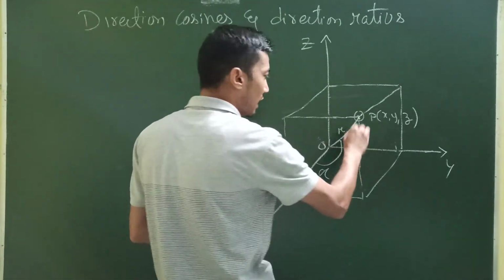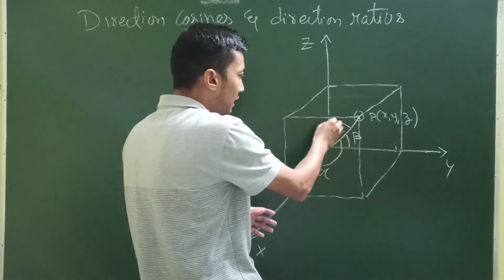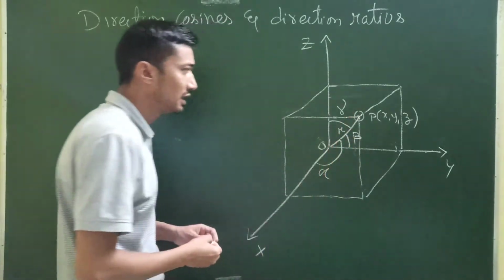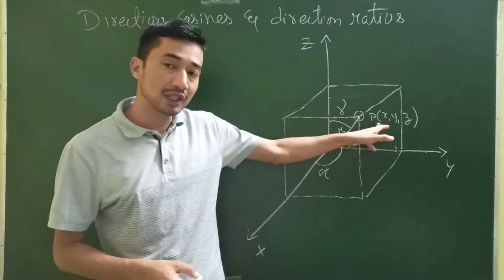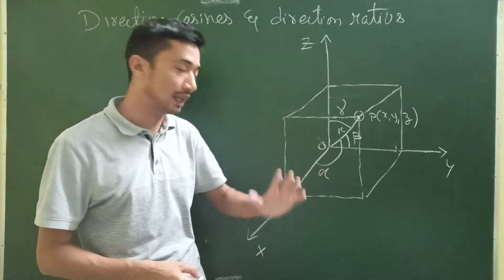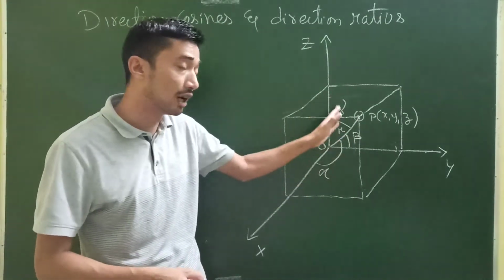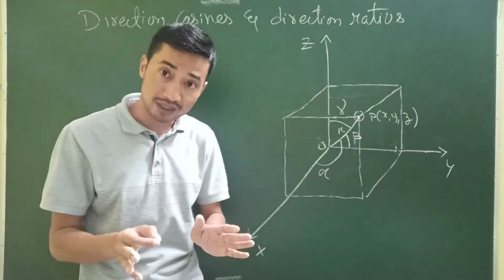Let's say it is beta. With respect to the z-axis, it is making another angle. Let's say it is gamma. So this point P, x, y, z, its position vector is making angles alpha, beta and gamma with respect to the x, y and z axis respectively, isn't it?